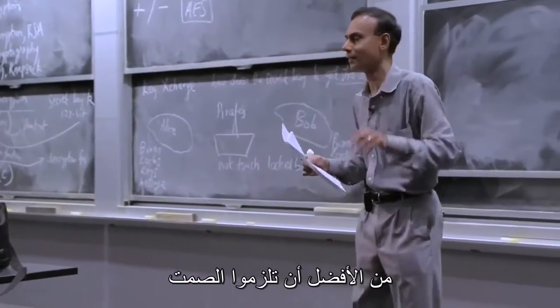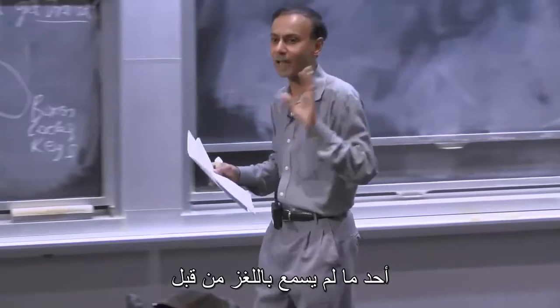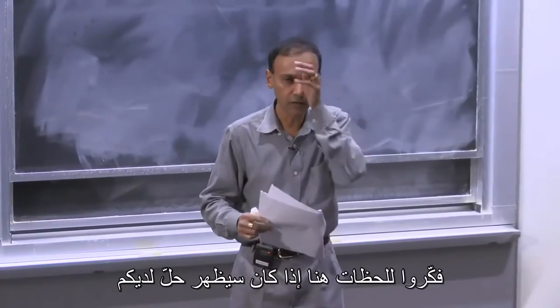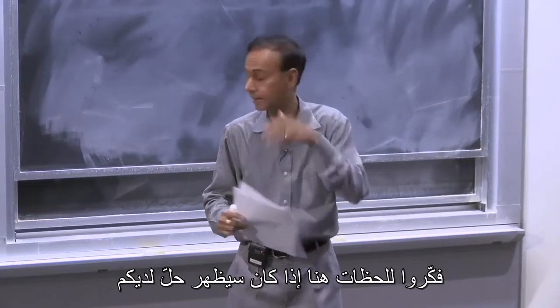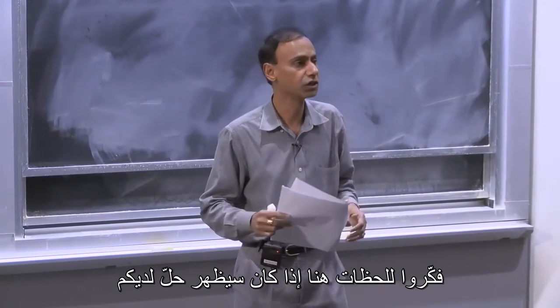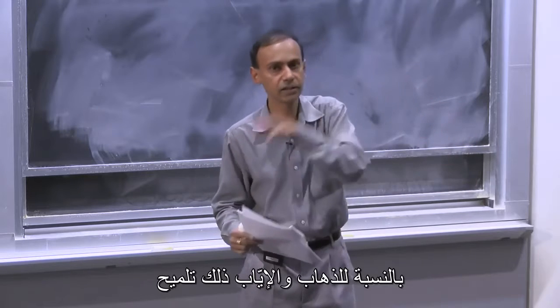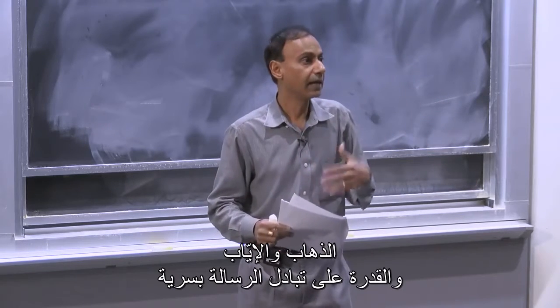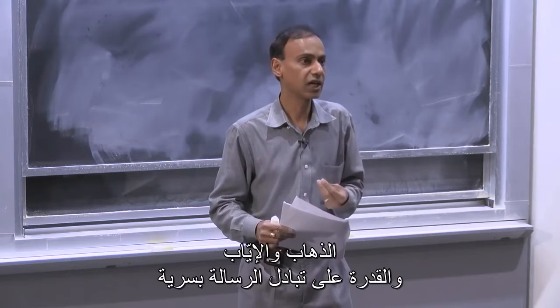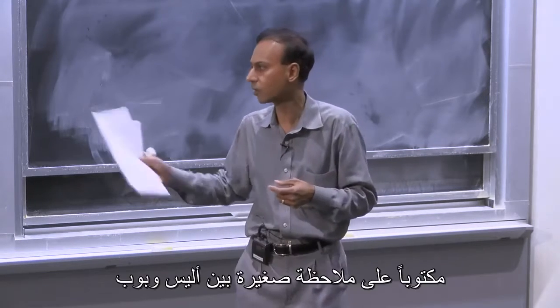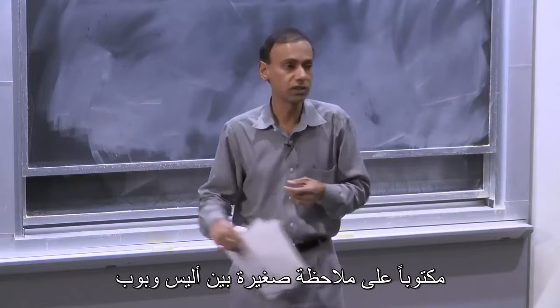Right, so all of you keep quiet. Someone who hasn't heard of this puzzle before, think for a few seconds here and see if a solution occurs to you with respect to going back and forth. So that's the hint, going back and forth and being able to securely exchange a message, which could be a secret key, a 128-bit secret key written on a little note between Alice and Bob.